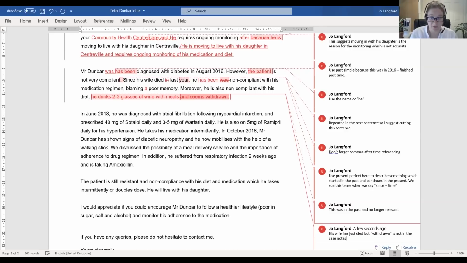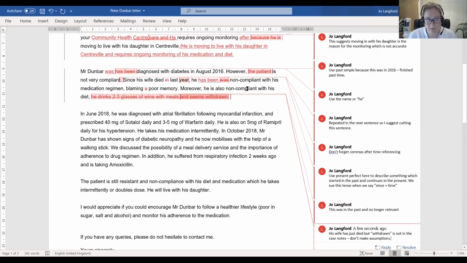I mean, he might be, but if it's not written there, don't include it in your letter. So don't make assumptions. Be careful of that. Making connections that aren't stated is a common error of some students.